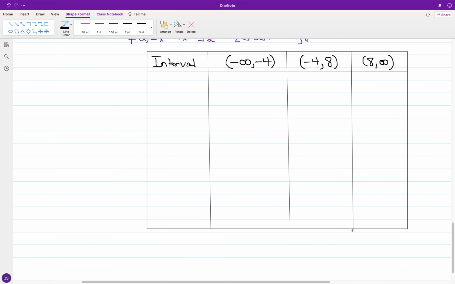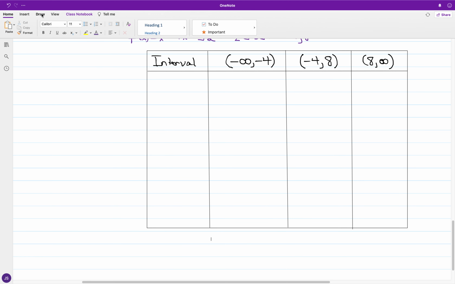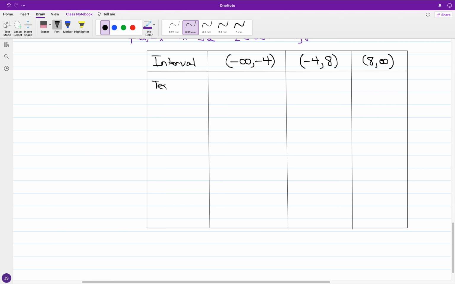Okay, so now we're testing out each of the sections through the application of test values. For the test value x, if I were to test any value that is less than negative 4, we'll go with, let's say, negative 5.